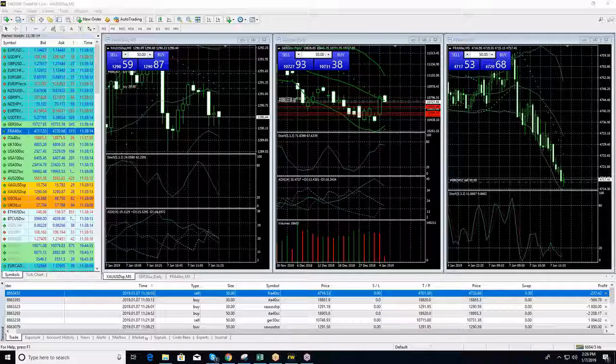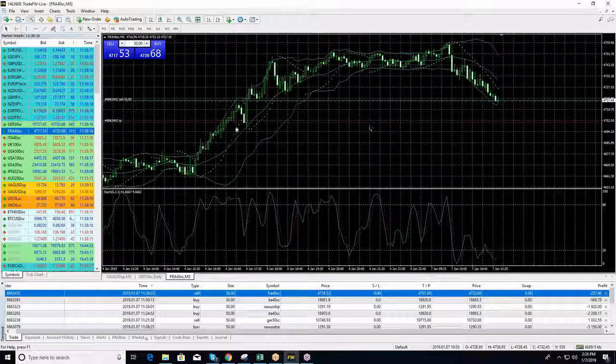This is my position for France 40, and you see I might move my take profit a bit lower than this level, because let's see how fast we will get there. We will move on, and then I will take action over there.